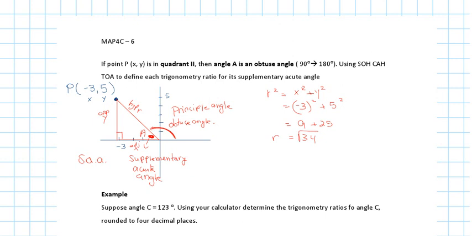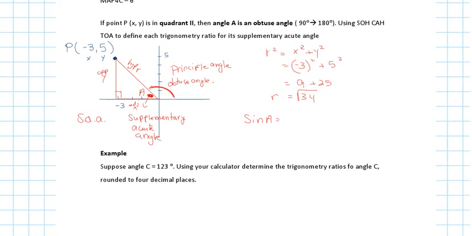Now, what's sine A? What was the formula for it, using y and r and x? Y over r. My y value is 5.